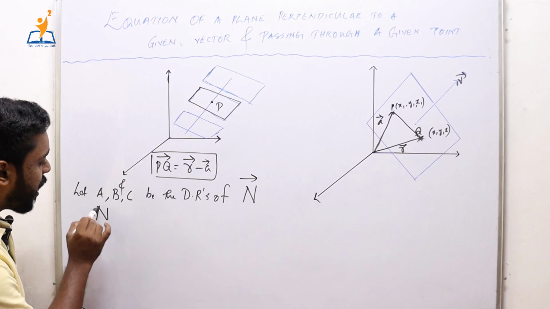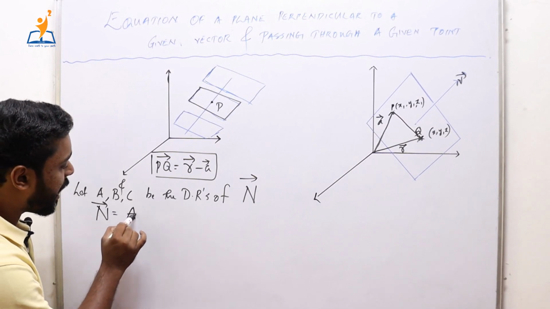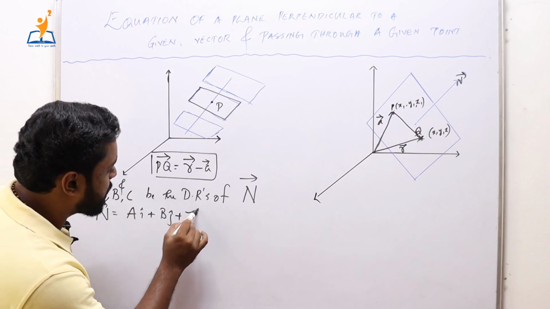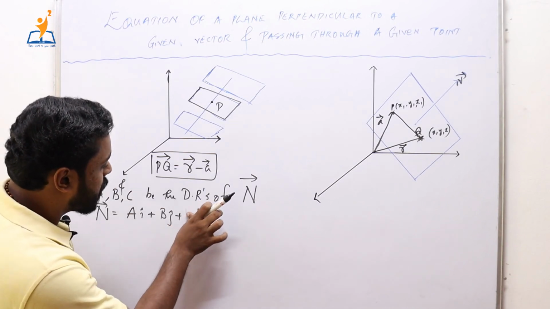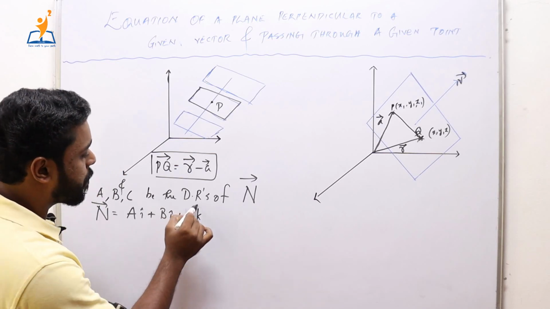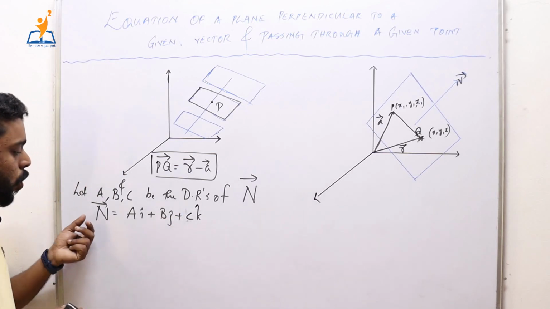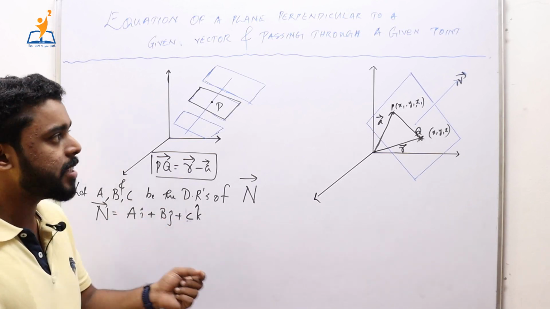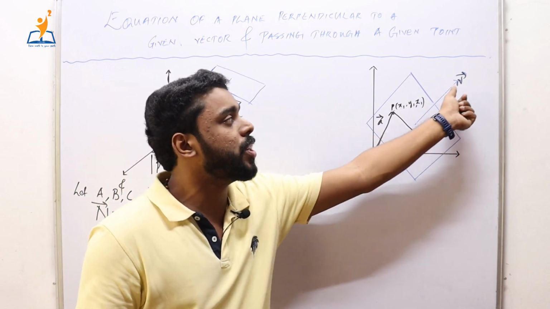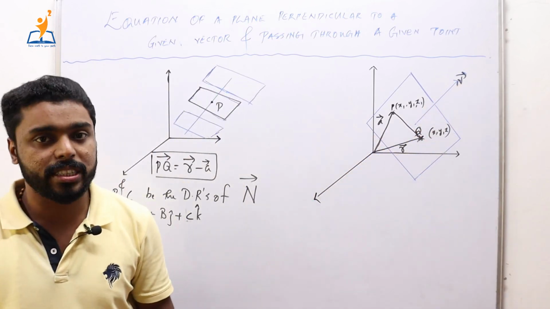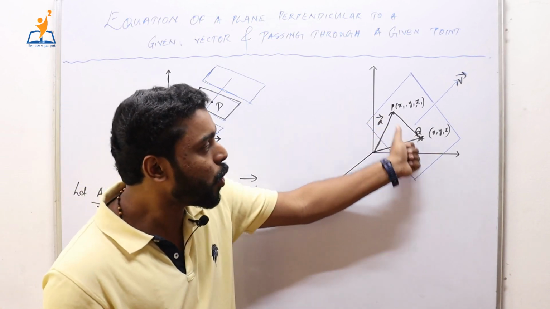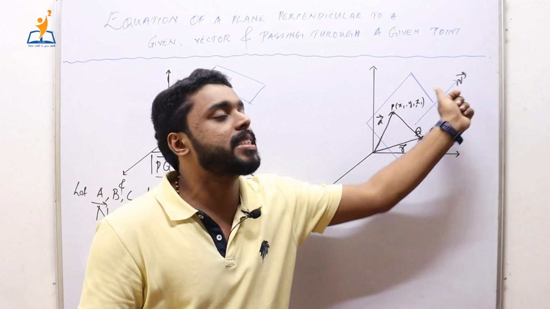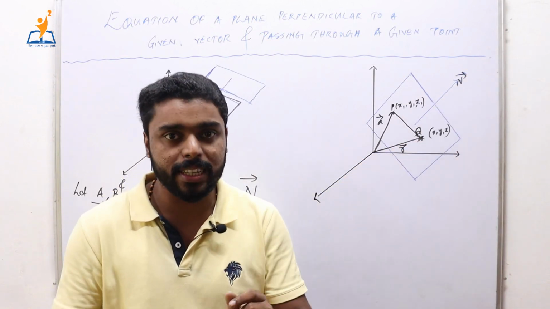Therefore, vector n is nothing but A i cap plus B j cap plus C k cap, where A, B, C are the direction ratios of the perpendicular vector n. Now note that PQ is a line segment or a vector on the plane and n is a vector perpendicular to the plane, isn't it?